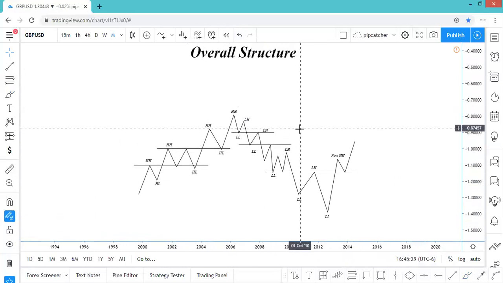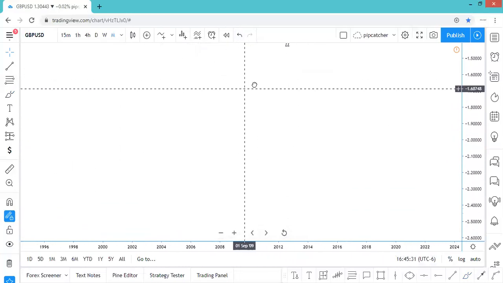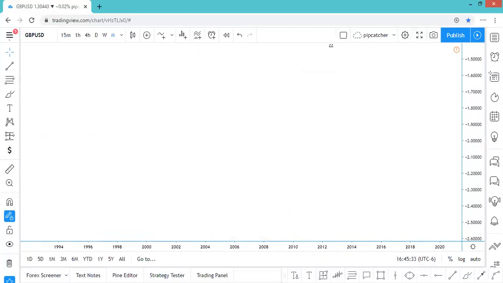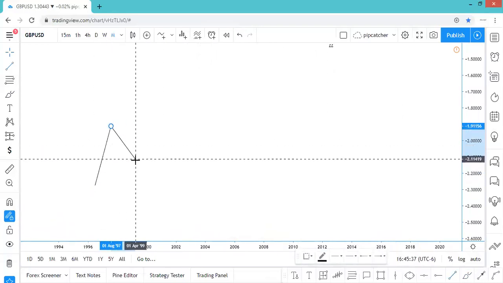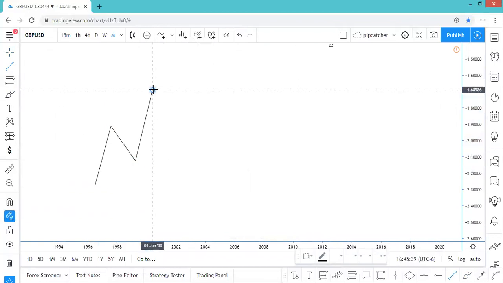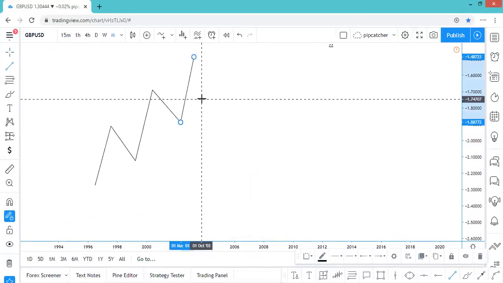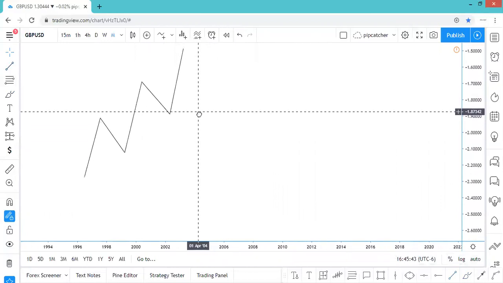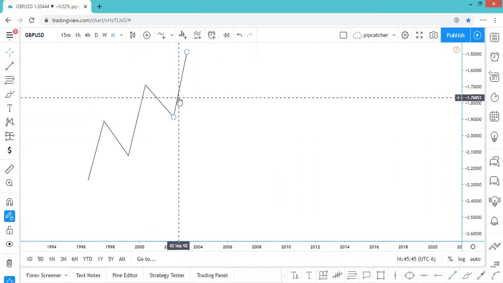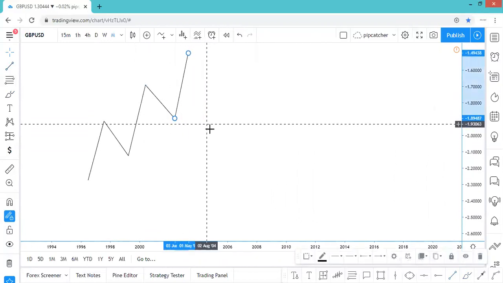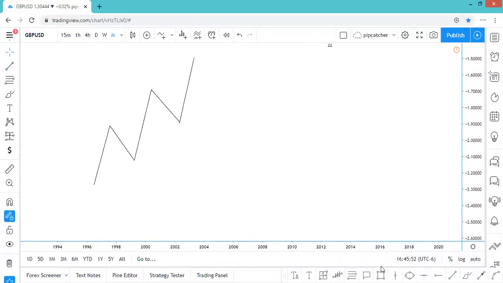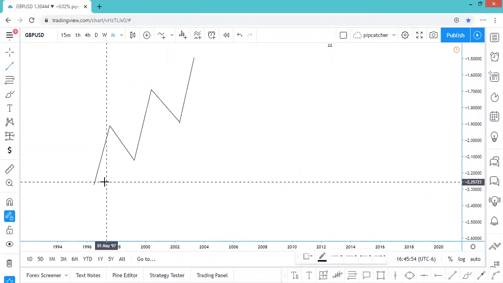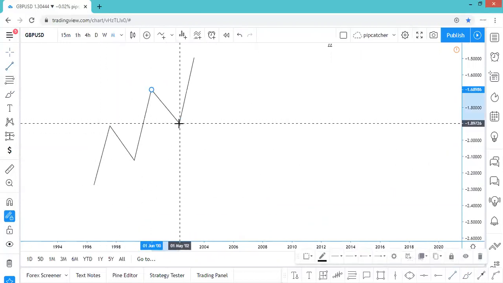And longer term. But what I was trying to explain earlier is, say you have this weekly, or not even weekly, just a higher time frame trend, and you get structure right here.